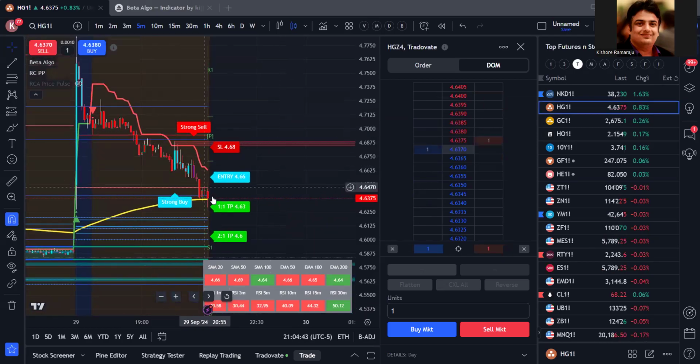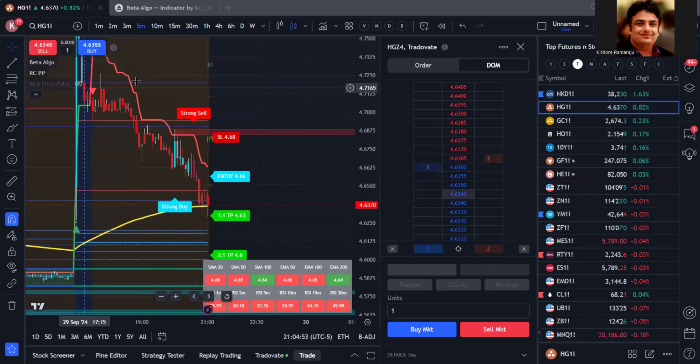As of now, we don't have any open positions. We took profits on crude oil, on heating oil, on gold, silver. We took profits on all the four. We are just waiting for a buy signal on copper.